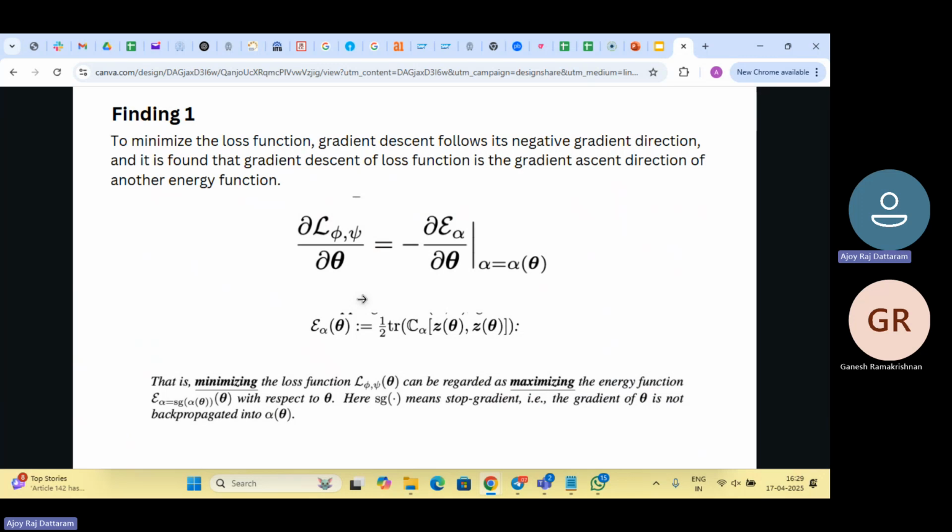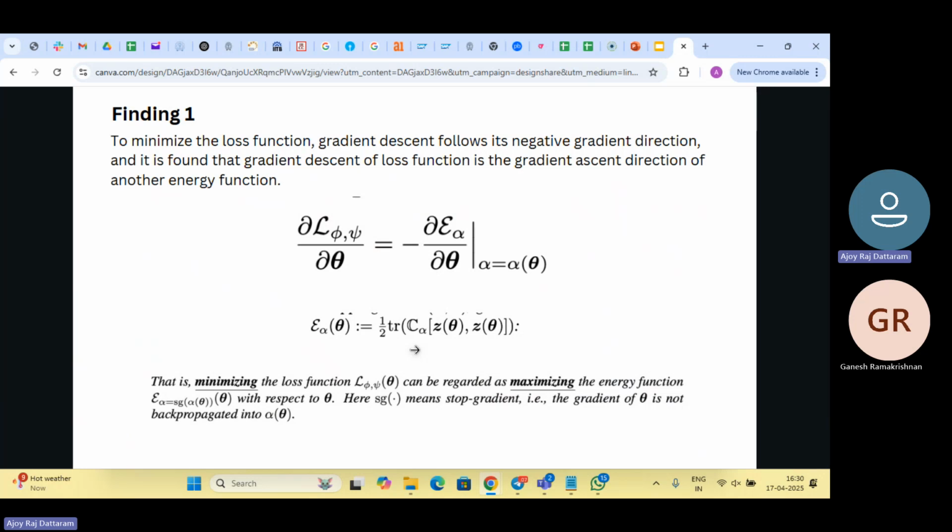This is the E alpha I've shown here. They have defined this energy function with the trace. The alpha is the parameter given to the samples for how weighted those samples would be. Say there is an anchor here, and there is a sample here, and a sample here.